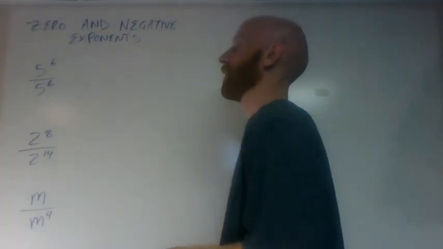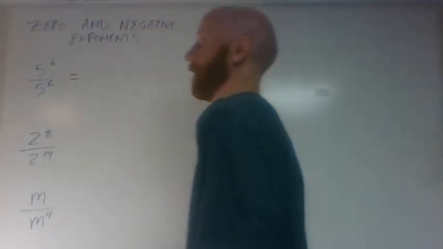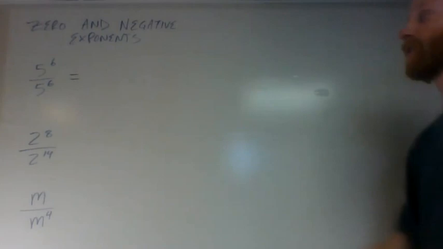Sometimes when we're applying the quotients of powers rule, we'll end up with exponents of 0, or we'll end up with negative exponents. All right, that's going to happen in each of these cases here. Remember, quotients of powers means you're starting with your same base, different exponents.